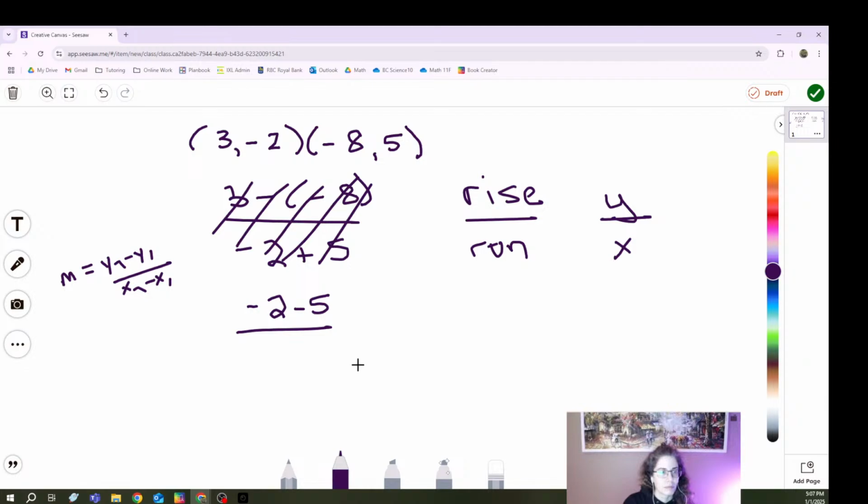You've given us our y values. What are our x values now? So 3, and again I'm subtracting. If I subtract a negative 8, work the math out. What is our slope now? What's minus 2 minus 5 more?